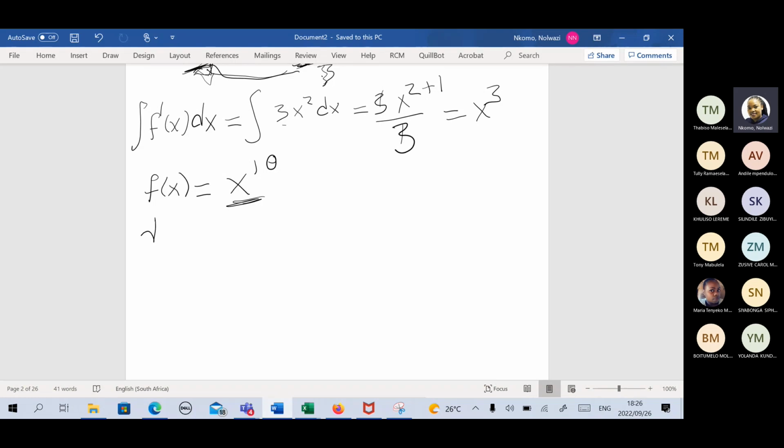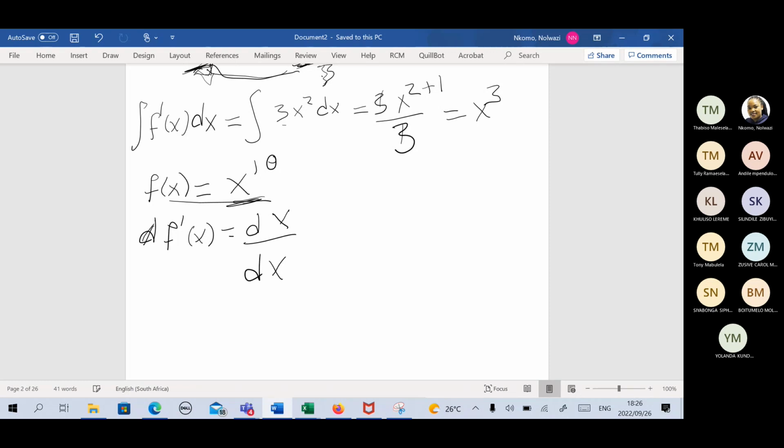And we know that if f at x is this, then f prime at x is the derivative of x to the power 10. And if we differentiate x to the power 10, you will get 10x to the power 9, right?